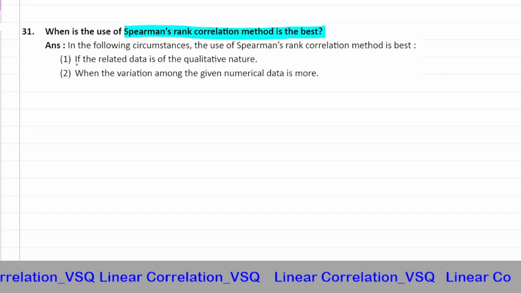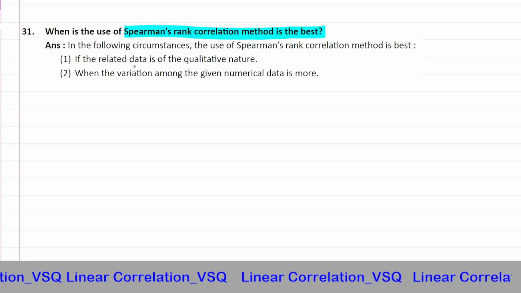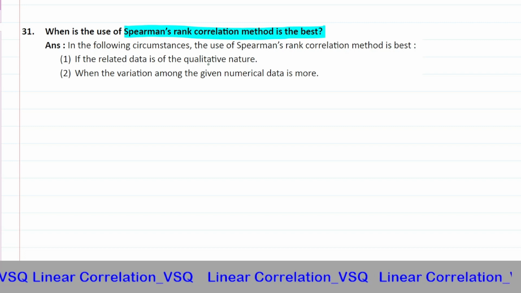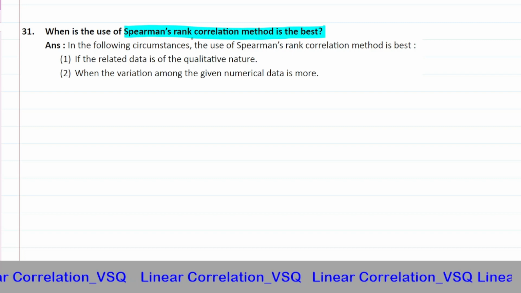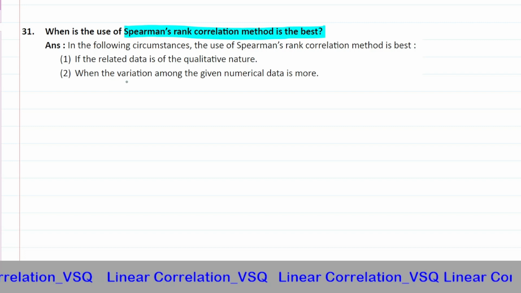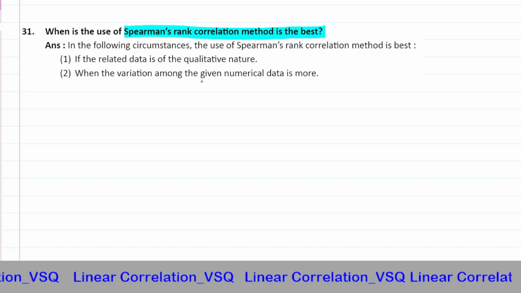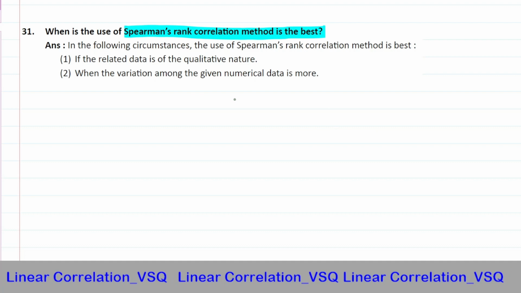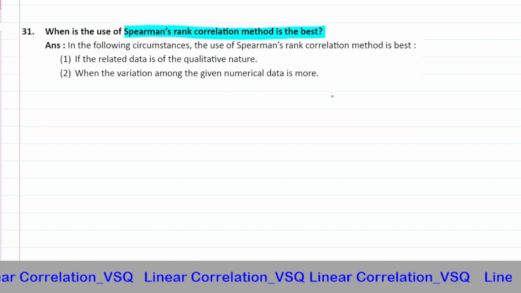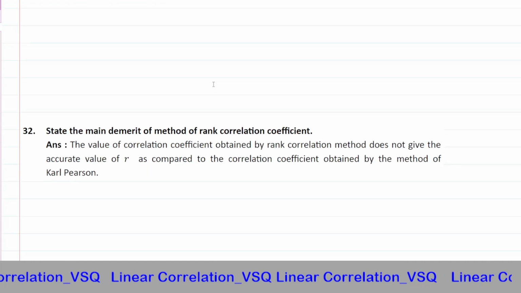There are 2 points given. If the related data is of qualitative nature, then we have to use Spearman's method. And when the variation among the given numerical data is more, then Spearman's method is very useful to use.